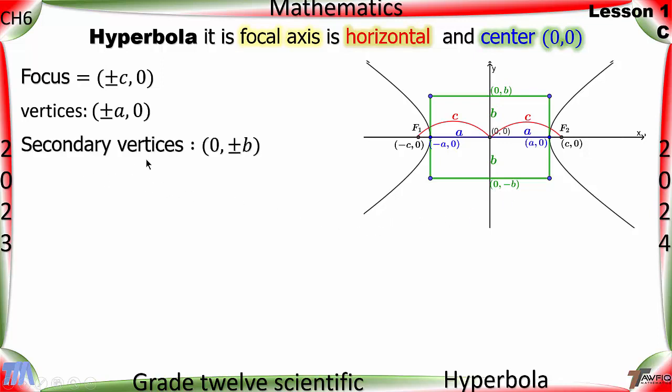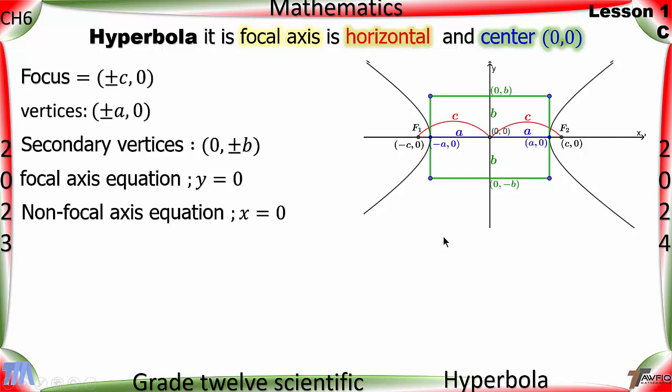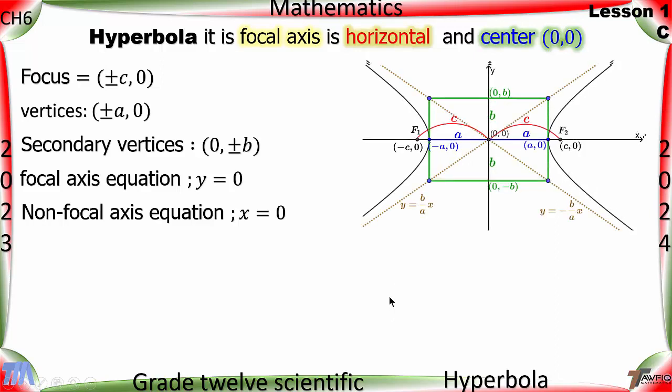So the secondary vertices are (0, ±b). The focal axis equation is y = 0, and the non-focal axis equation is x = 0.